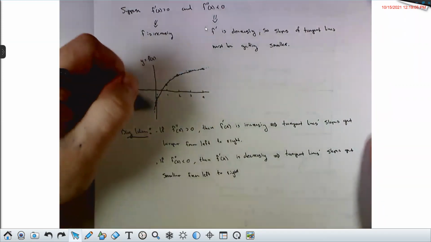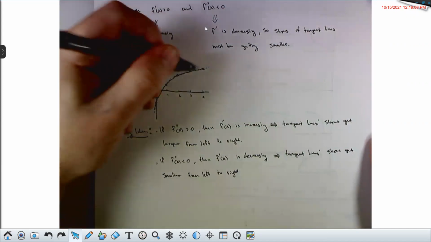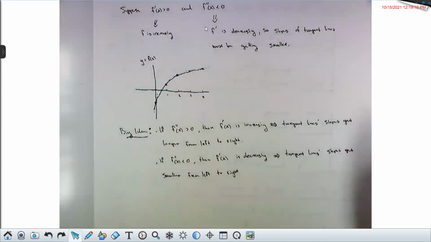So here you see the slopes of the tangent lines decreasing, and that forces the concave down shape. So that's why the second derivative tells you about concavity.